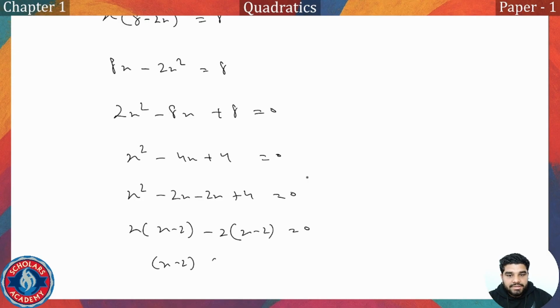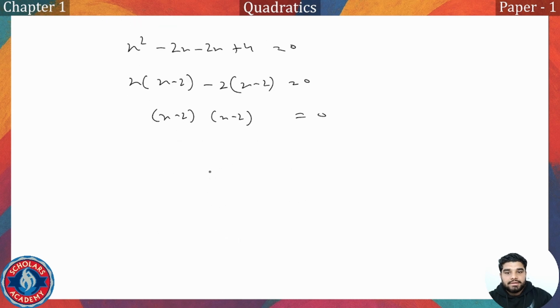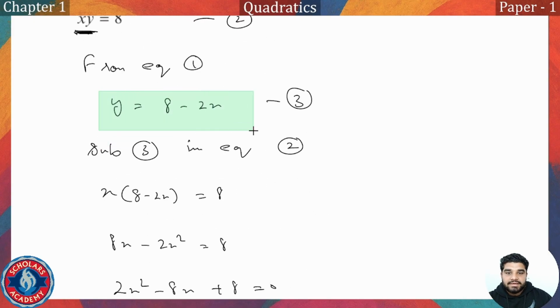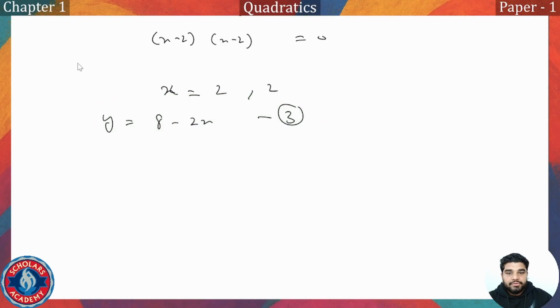We get x minus 2 and x minus 2 as two factors of this quadratic equation, and zeros are x is equal to 2 and 2. So these are the two values of x. Substituting these two values of x in equation number 3, we get y for x is equal to 2, y is equal to 8 minus 2 times 2, that is 8 minus 4, we get 4.